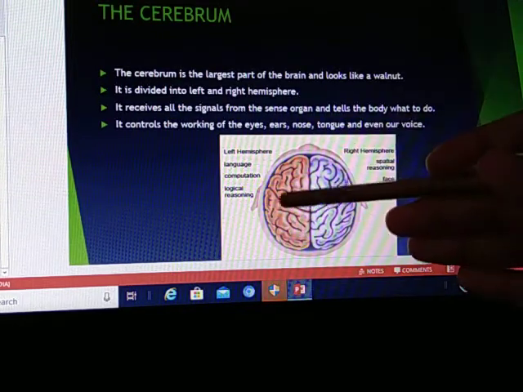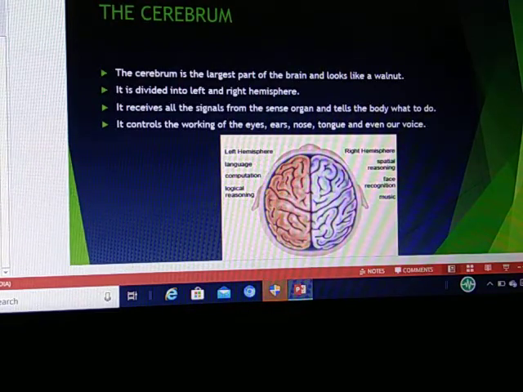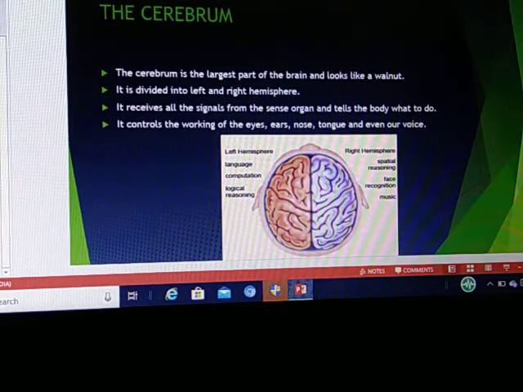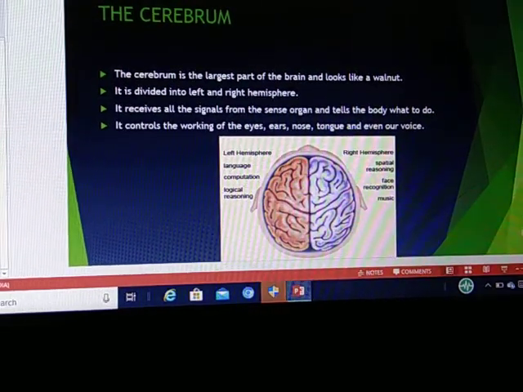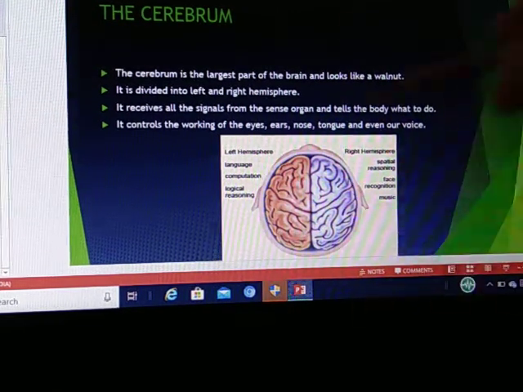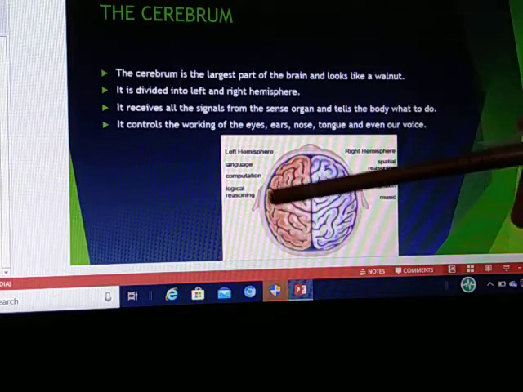Computation means computer work or technical work. Logical reasoning is like mathematics and different types of reasoning, the activities which you have to think about. This whole action is done by which part? Then it is the left hemisphere.